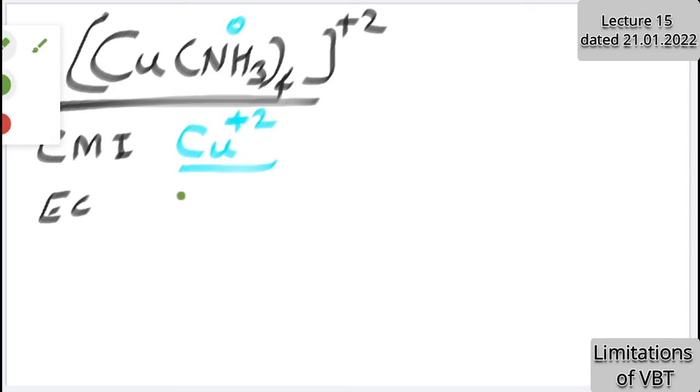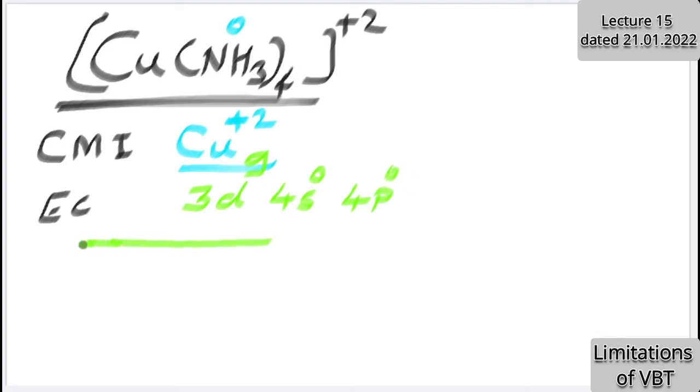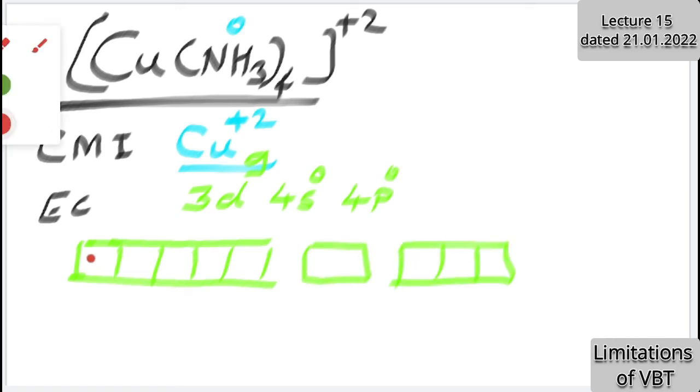For Cu plus 2 it is 3d9, 4s0, 4p0. For brevity, I represent it in blocks. Nine electrons are there, which means one unpaired electron is there in the free Cu plus 2 ion, and the other orbitals are vacant.